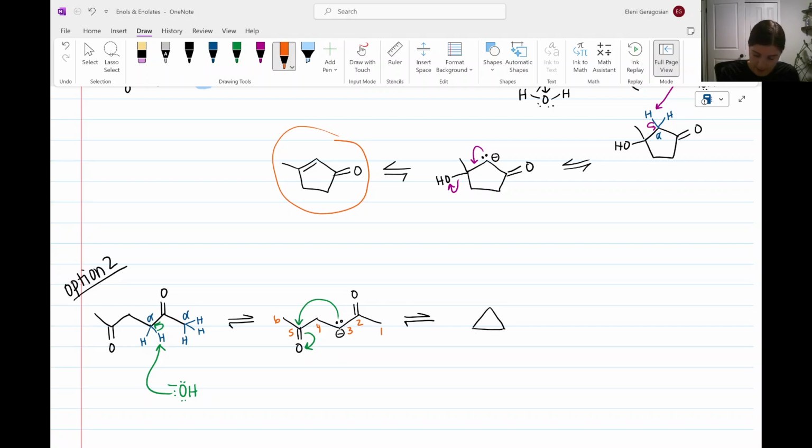I'll number them 1, 2, and 3, 4, and 5. And then we'll add all of our other atoms. So carbon 3 is bonded to carbon 2 and carbon 1. Carbon 2 has the carbonyl. And then carbon 4 has 2 hydrogens. Carbon 5 is bonded to a methyl and a negatively charged oxygen.